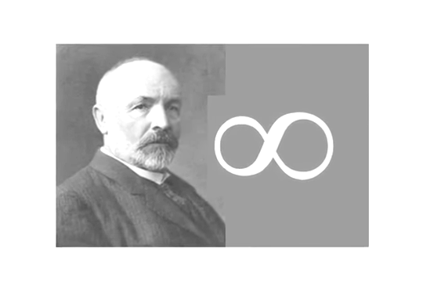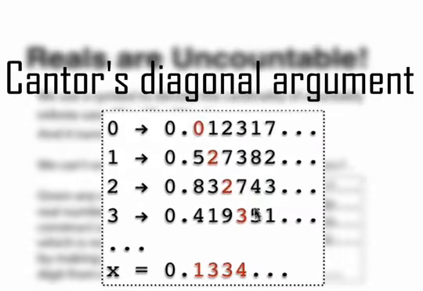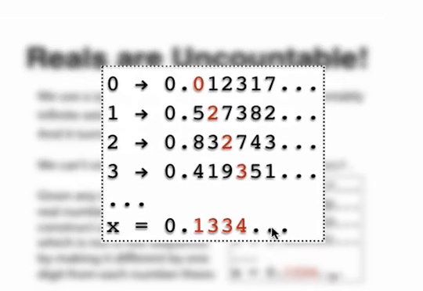He basically invented the idea of sizes of sets. And so this is called Cantor's diagonal argument. Once you construct this number, it is different than each of these numbers because at least one digit is different in the same place.